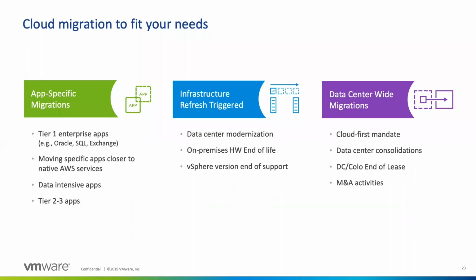And then we have the data center wide migrations, which we've talked about, which are a lot of things, but one that we haven't is M&A activities. So I've talked to a few customers, and they acquire smaller companies, and they never quite know what that company has done, right, with their workloads, how secure they are, in what kind of shape they are, what kind of security stance they have.